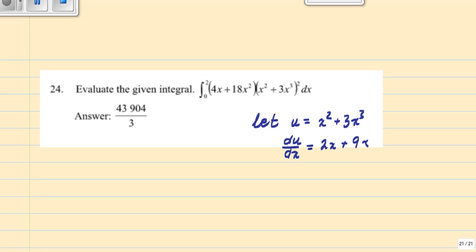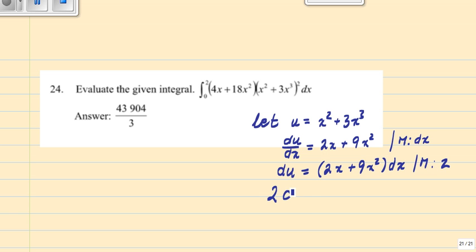We need 4x, right? First of all, multiply both sides by dx to get the differential. So du is equal to 2x plus 9x squared dx. If we multiply both sides by 2, we have 2 du is going to be equal to 4x plus 18x squared dx.